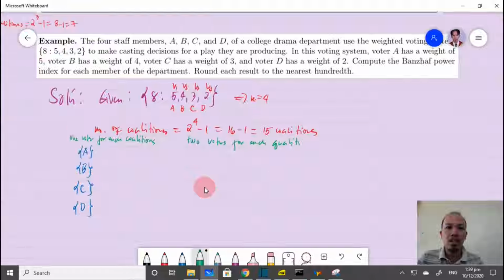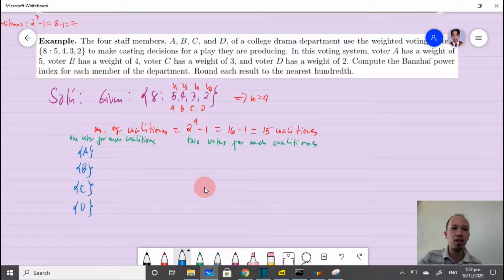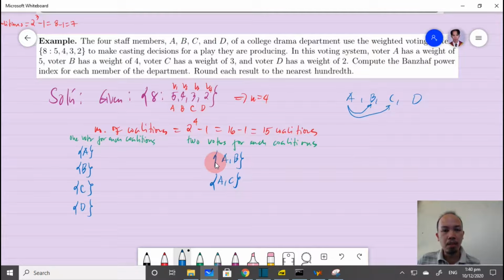Coalitions. So two voters. The technique here is this: we have A, B, C, D. Pair A to B, so we have AB, then pair A to C, so we have AC. This is a coalition represented by braces.